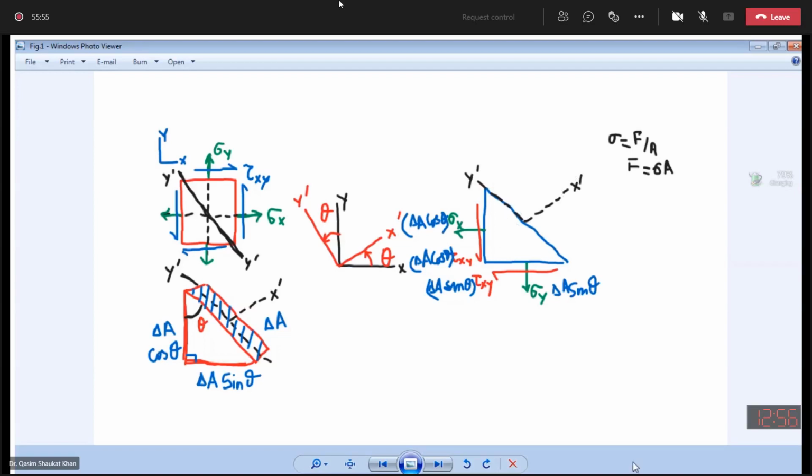Okay? So this I will do now. So please draw this figure so that we can proceed further. So this is your figure number 3 or figure C.